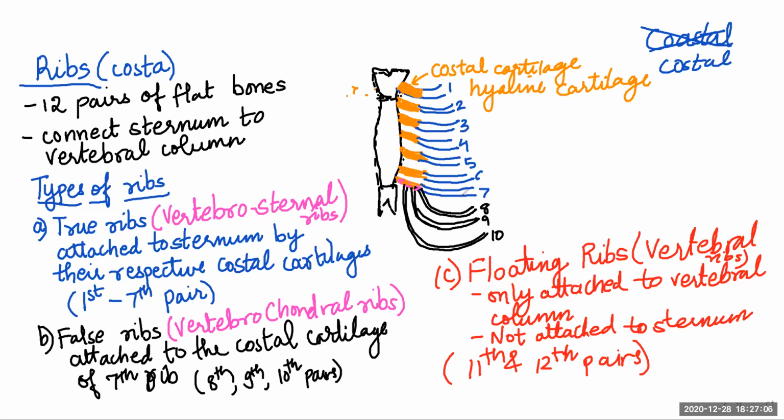All right. Three types of ribs: true ribs, false ribs, and floating ribs. True ribs attached to the sternum, false ribs attached to the cartilage.